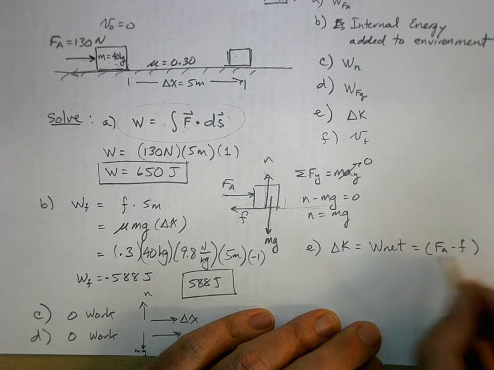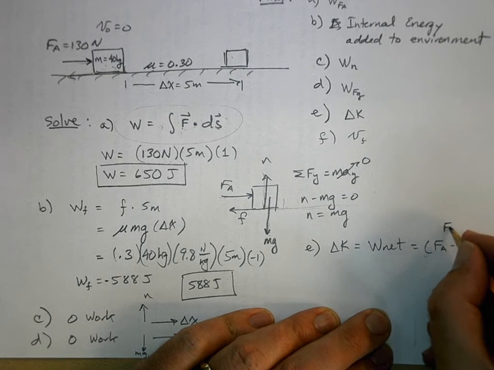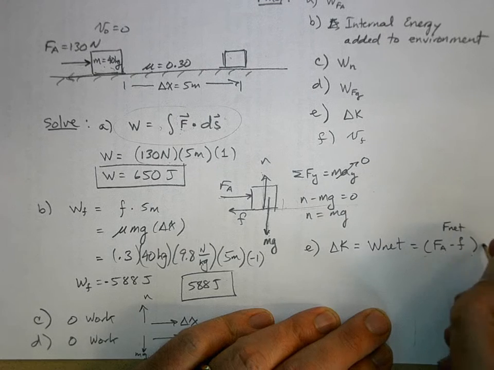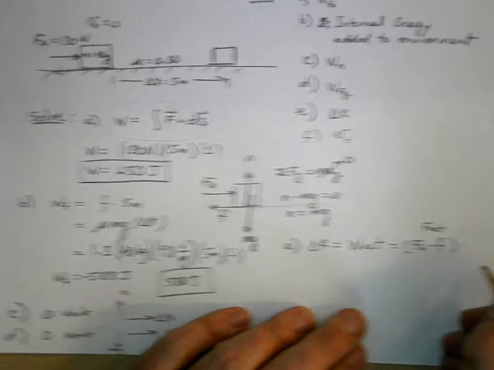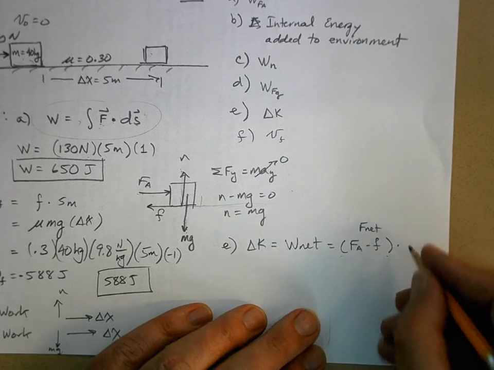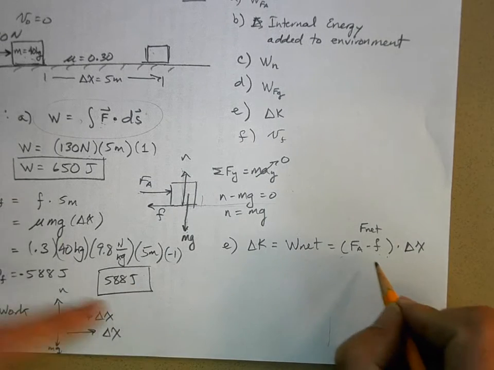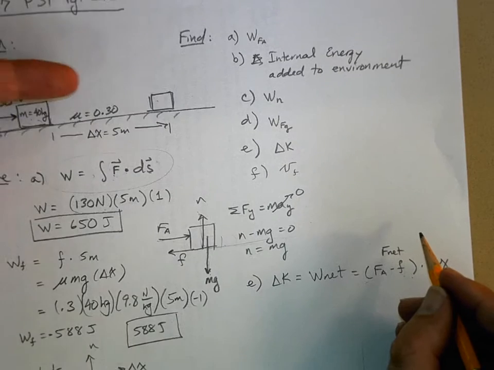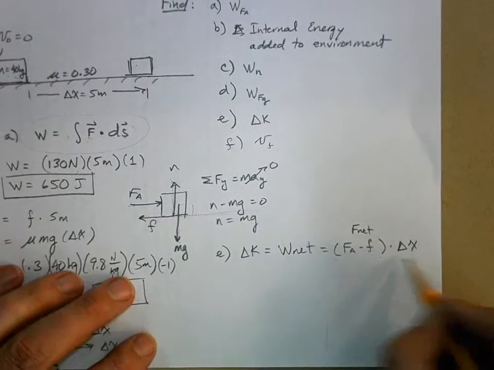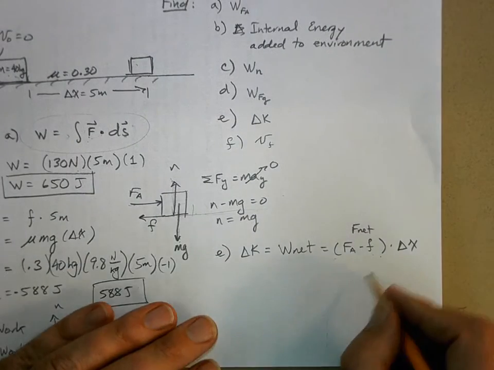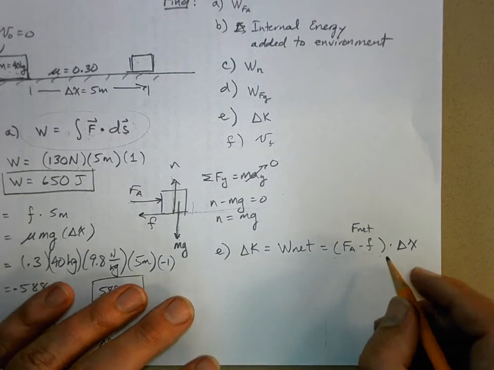That's the net force times my displacement, delta x. Okay, and the net force is to the right, and our displacement is to the right. So we're going to have positive work done.